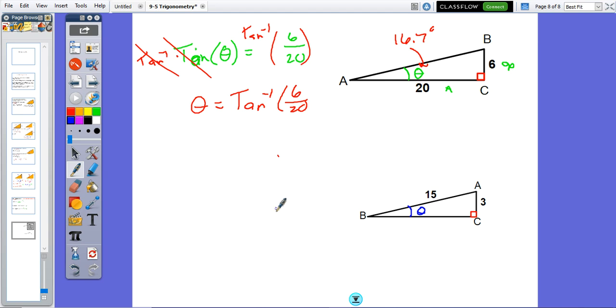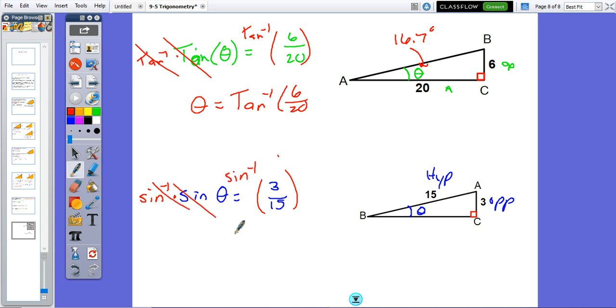Next one, which trig function will we use? Well, we get the opposite and the hypotenuse. Best case scenario, we're using sine. So we do sine of theta equals 3 over 15. All right, so again, I got to get rid of sine this time. So I'm going to use inverse sine. So sine to the negative 1, the arc sine. They cancel each other out, giving me theta on one side, the angle.